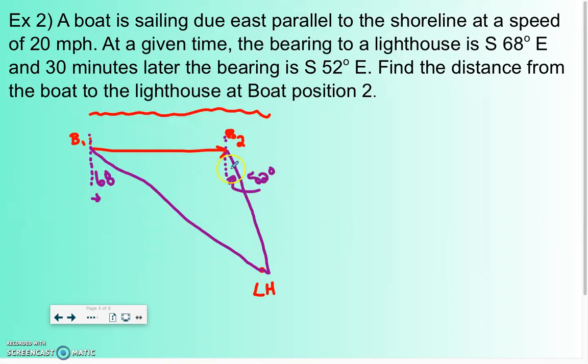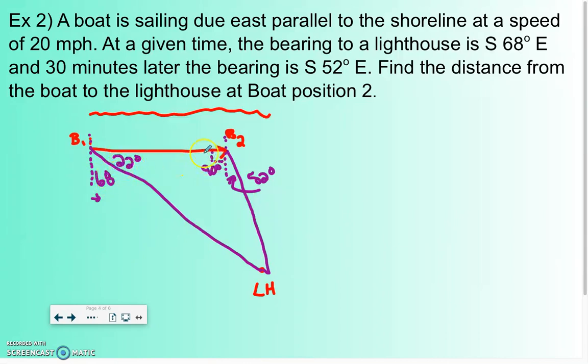So on the inside we have a 52 degree angle, which means right here, to finish that off, because we've already gone from west down to south, is 90 degrees. And then looking over here, we know that the inside one on this one is going to be 22 degrees to finish off that full turn from the south straight to east.